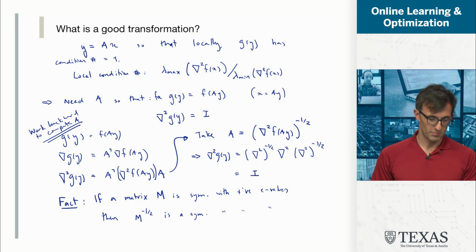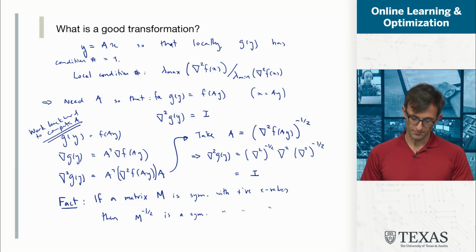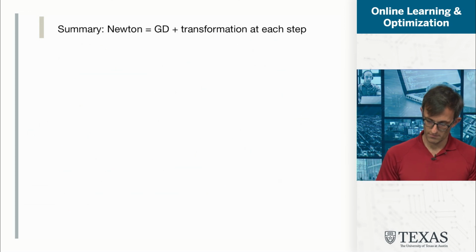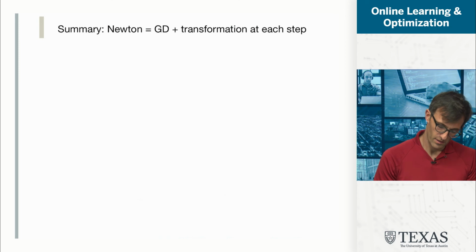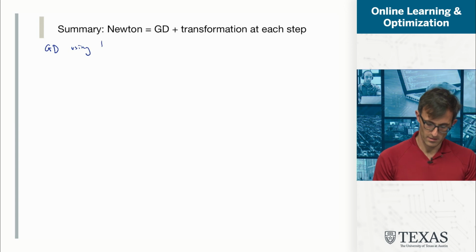Now let's plug this in and see what gradient descent becomes once we do this transformation. The slide title kind of gives it away. What is gradient descent using this transformation?